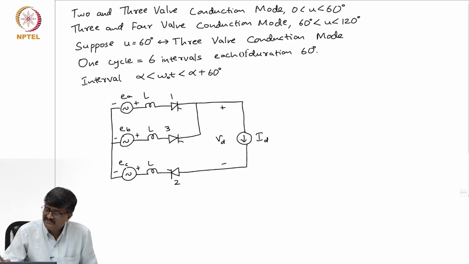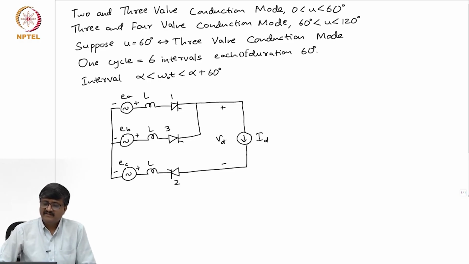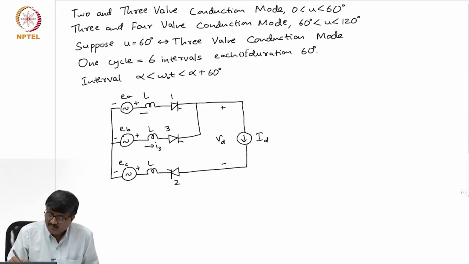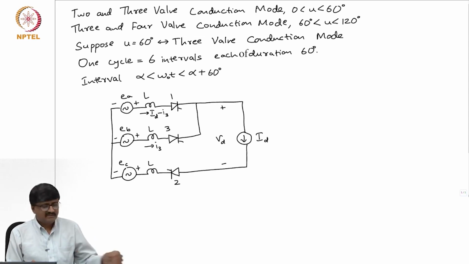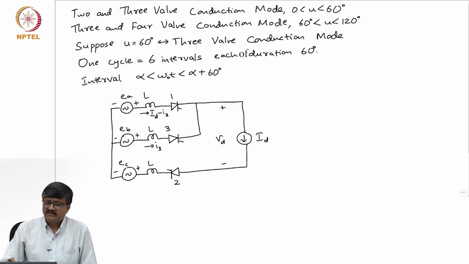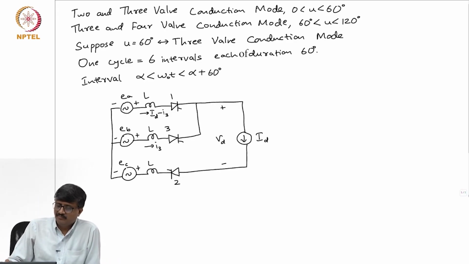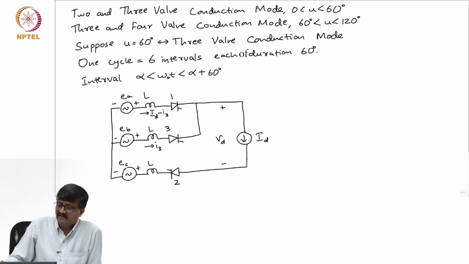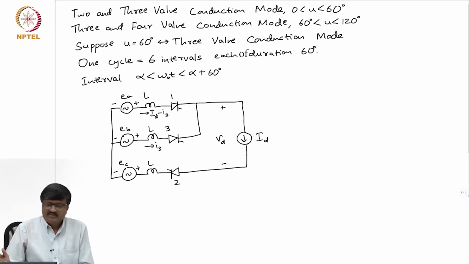The DC side instantaneous voltage is VD, and the current flowing through valve 3 is I3. The current through valve 1 is I1, which is nothing but ID minus I3. Let us apply Kirchhoff's voltage law to the loop containing EA, EB, the 2 inductances L, and valves 1 and 3.